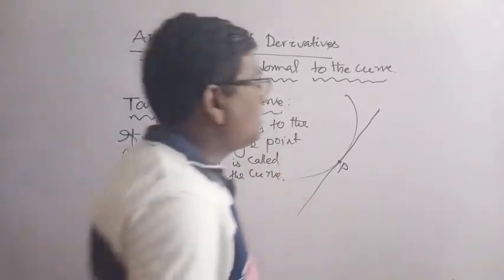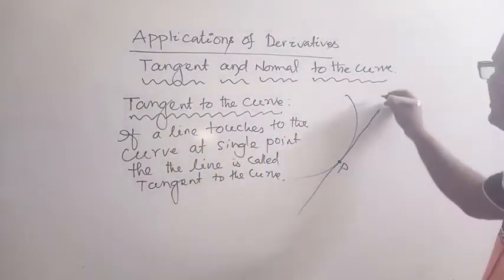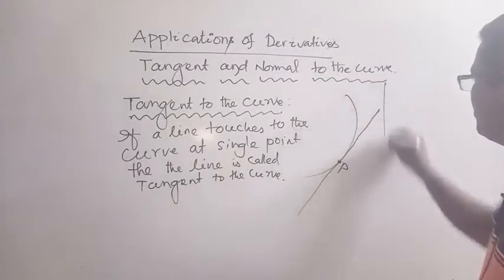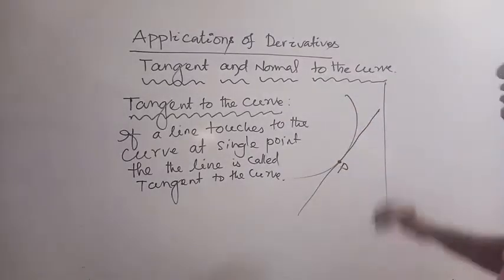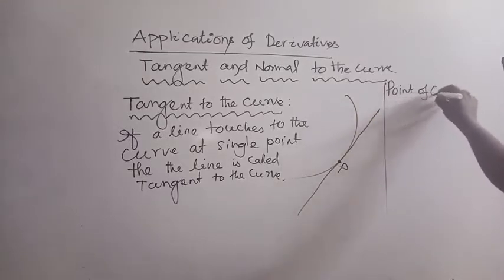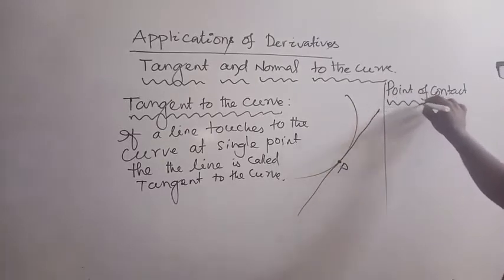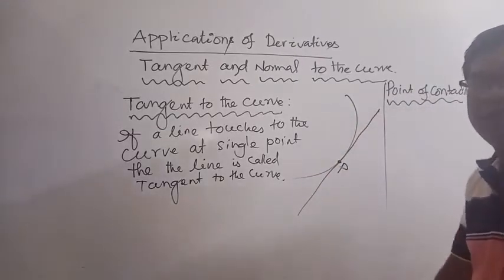Then what is the point of contact? What is P? The point P is called the point of contact. What do you mean by point of contact?